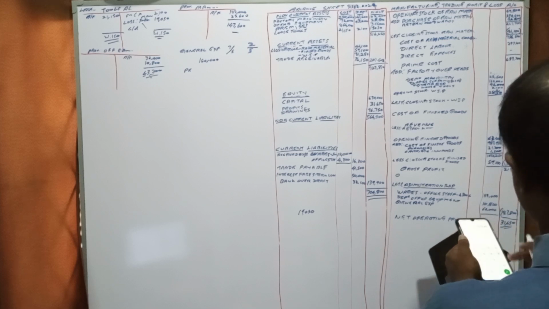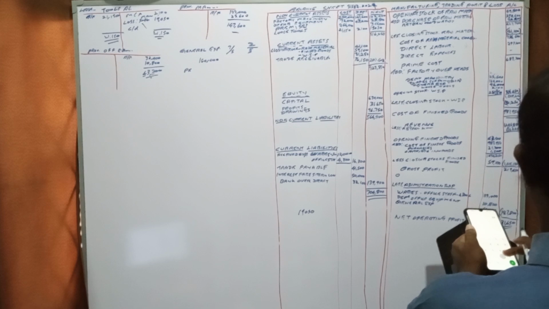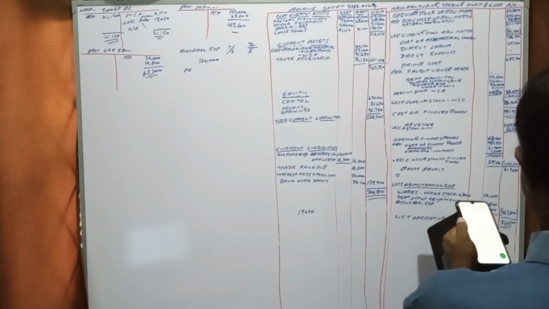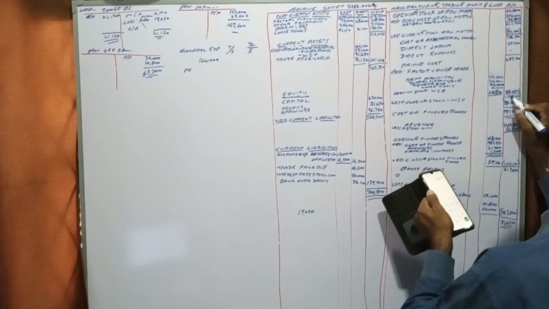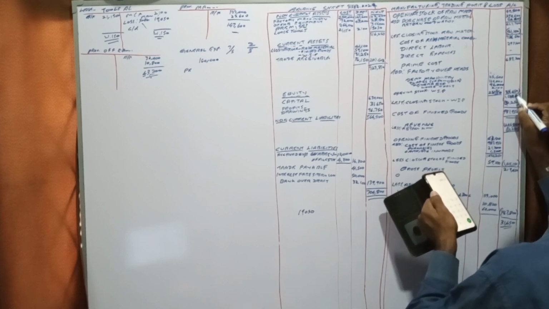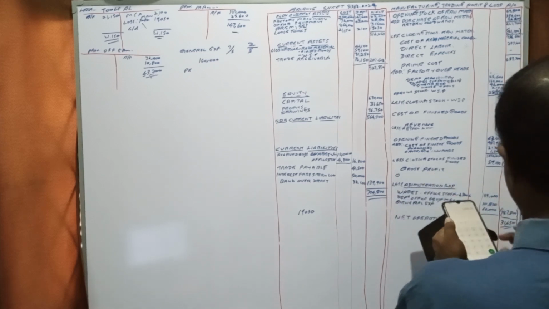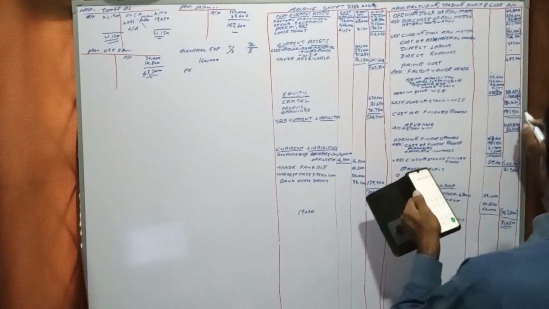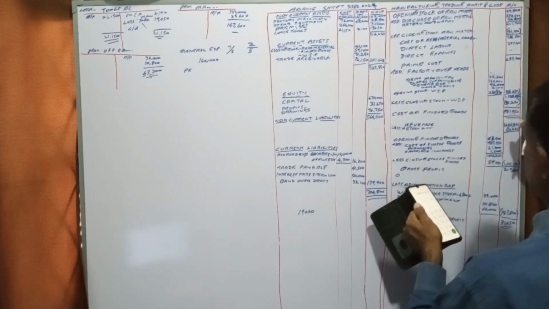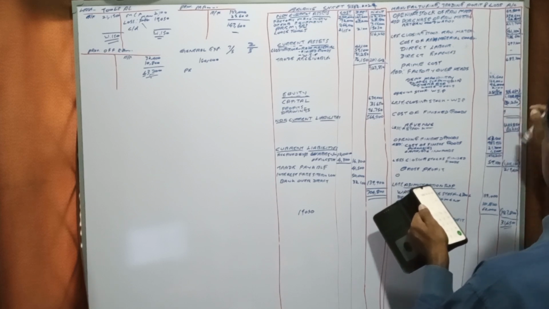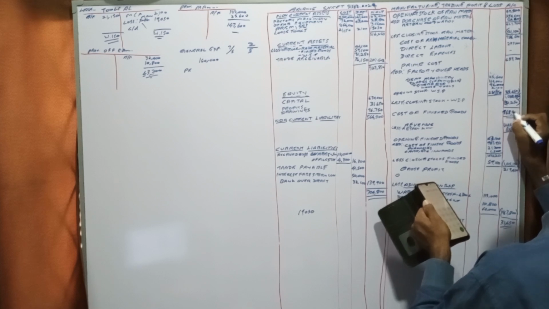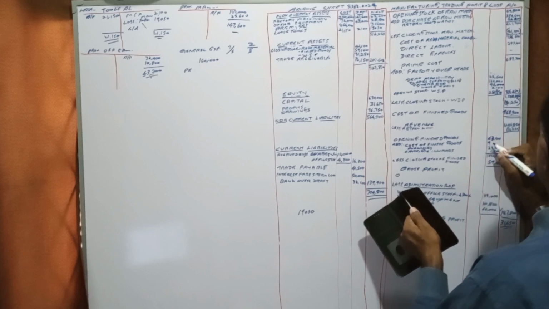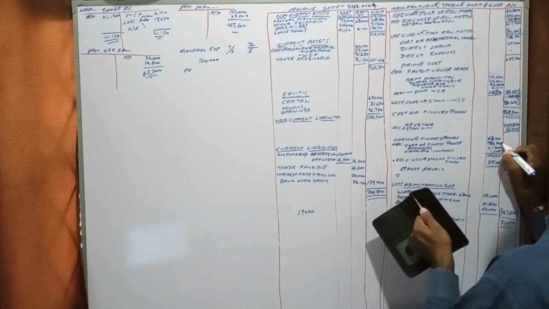Then 683,700 plus 316,450 is 1,000,150, 1,015,150 minus 31,250 is 968,900, right?